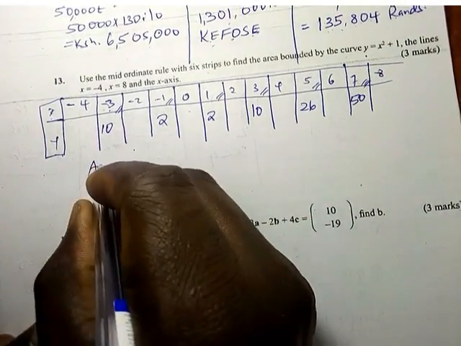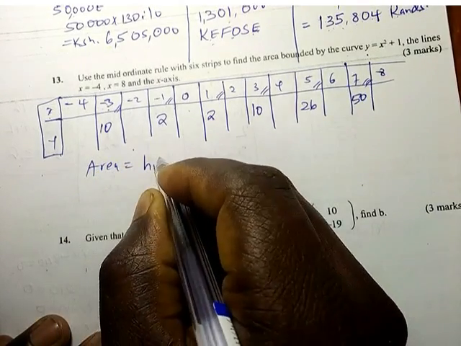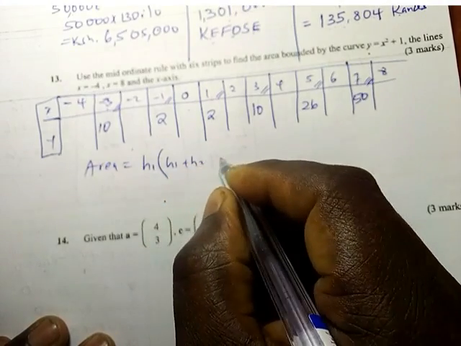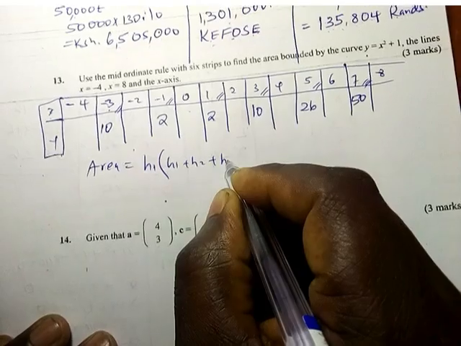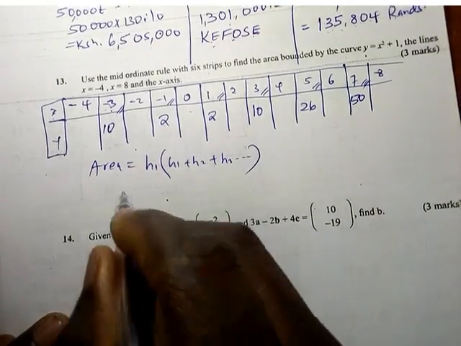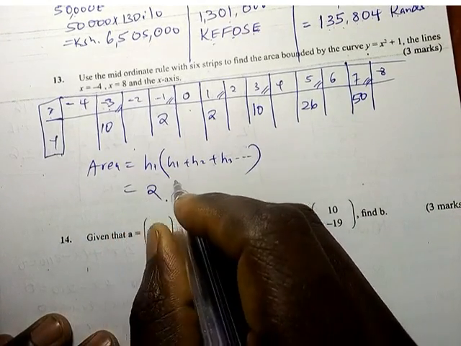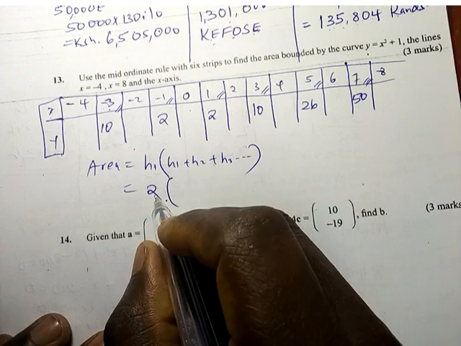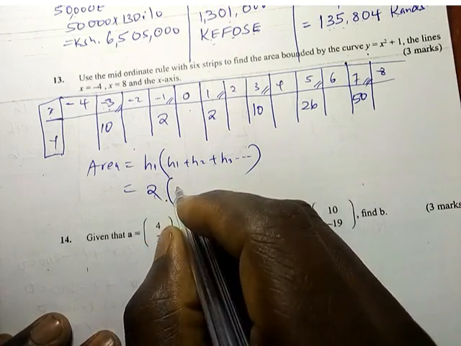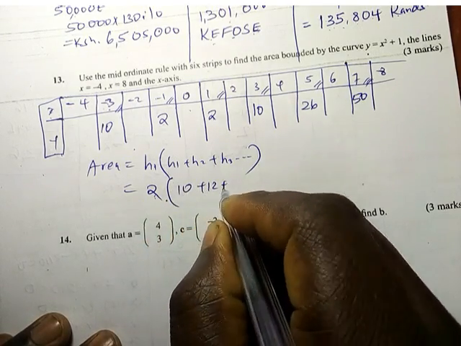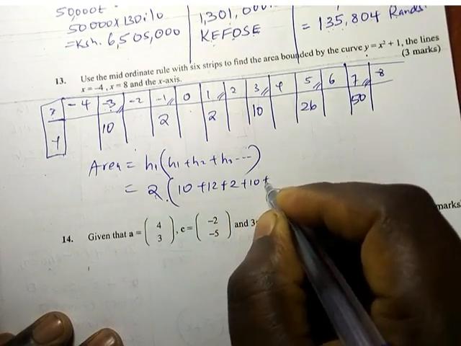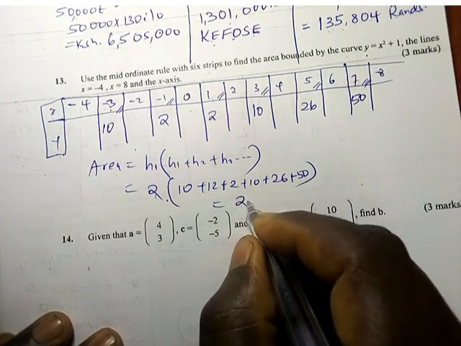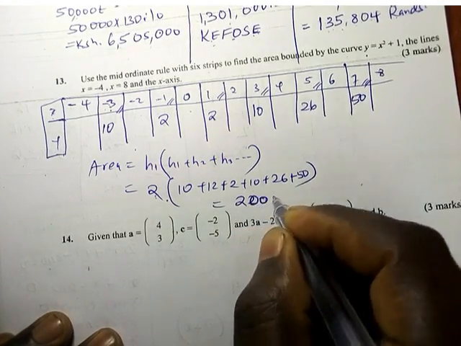So area is given by h into h1 plus h2 plus h3 like that to the end, which is equal to 2. The height is 2. How do you get the height? I will show you. Plus 10 plus 12 plus 2 plus 10 plus 26 plus 50. That one gives you 200 units.